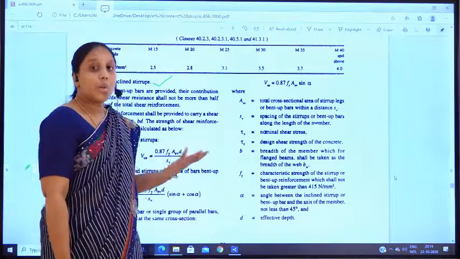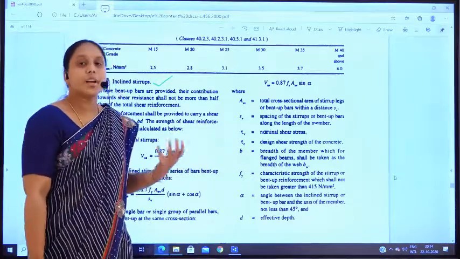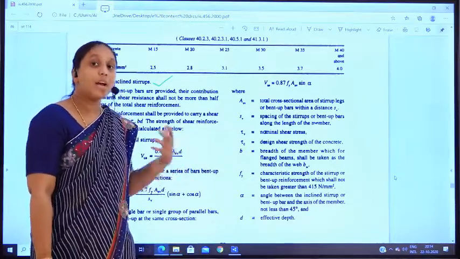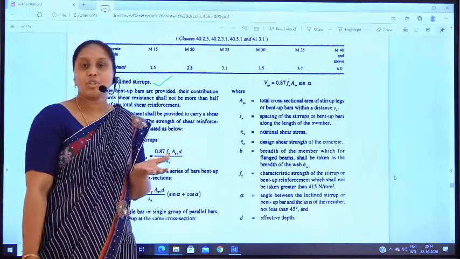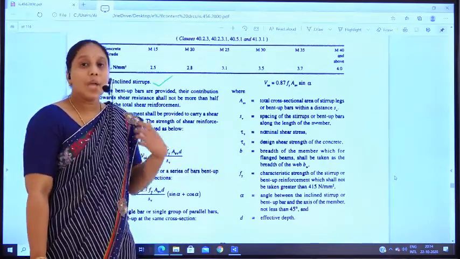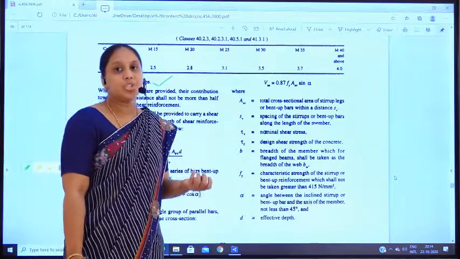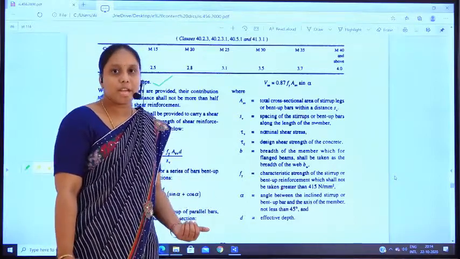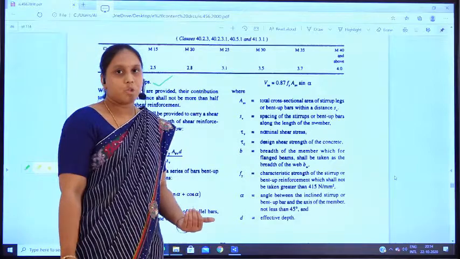So when the shear stresses developed due to the shear force are more than the strength of the concrete, we have to provide adequate shear reinforcement, that is, we have to design for the shear reinforcement.